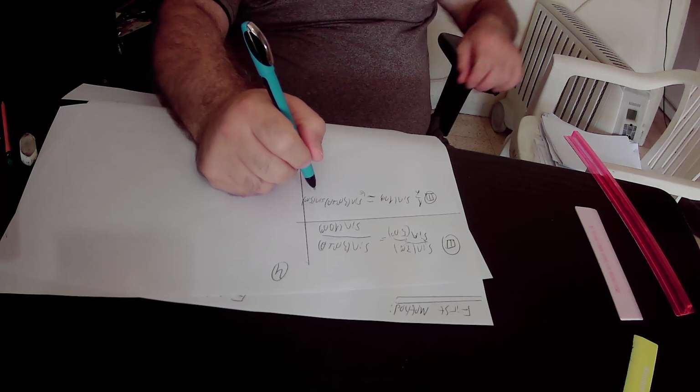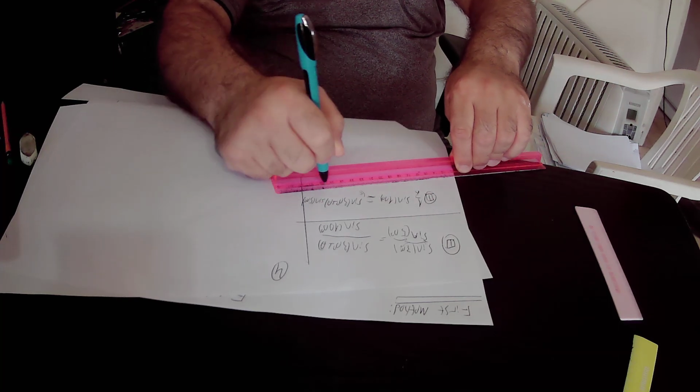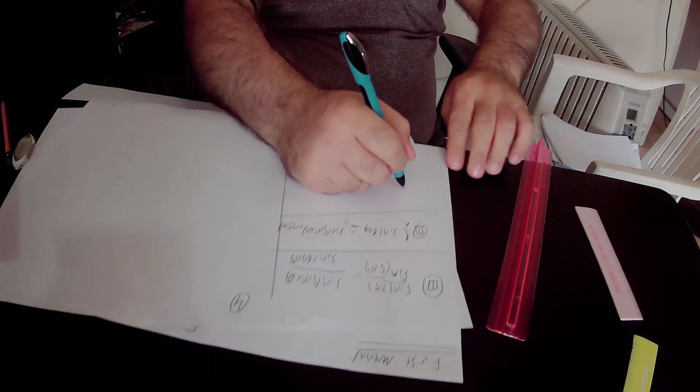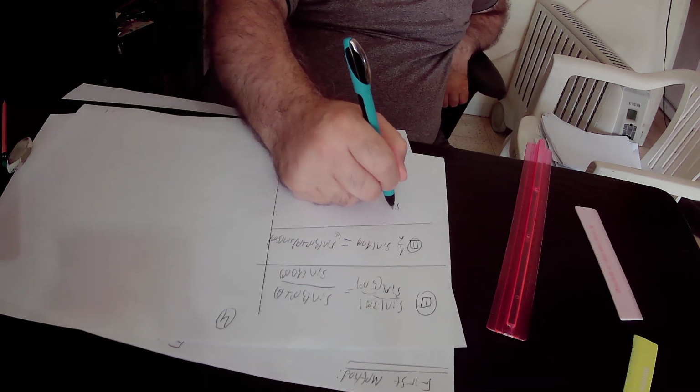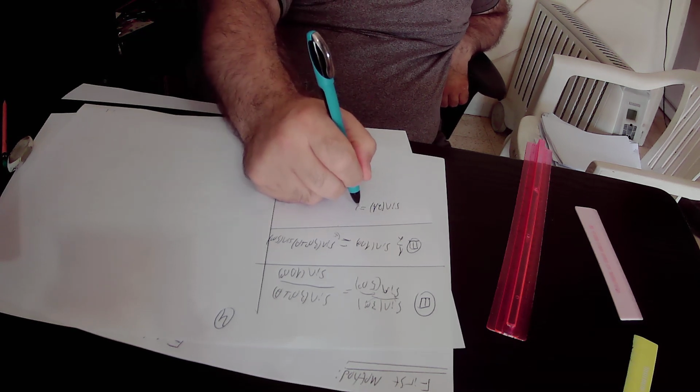And we will use the trigonometric identity that states that sine 2a equals 2 sine a cosine a.